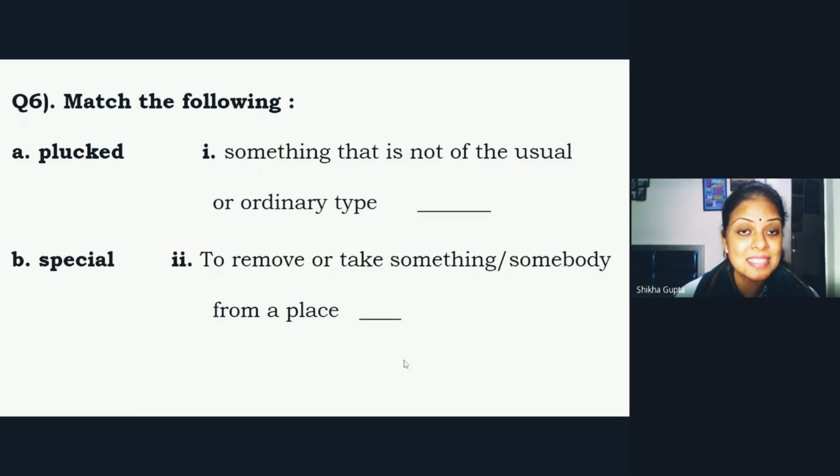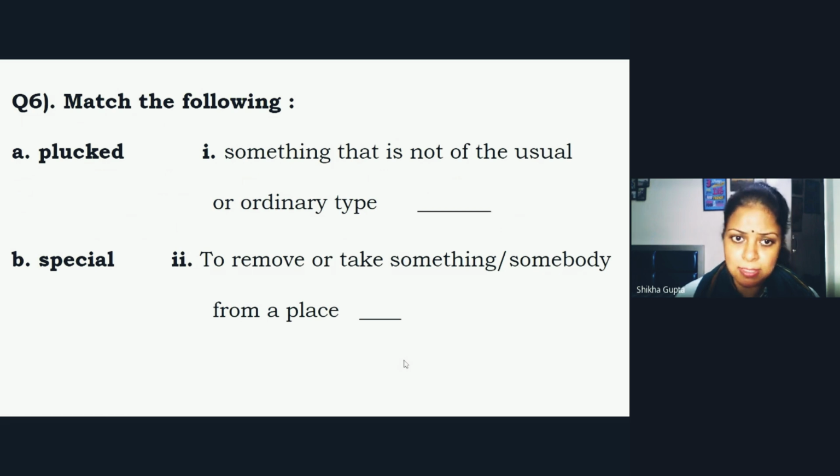Now next is word meanings and you have to match the following. Yes, so the words are plugged and second word is special. Plugged. What is the meaning of the plugged? Now you have got the options also. First option say something that is not of the usual or ordinary type.